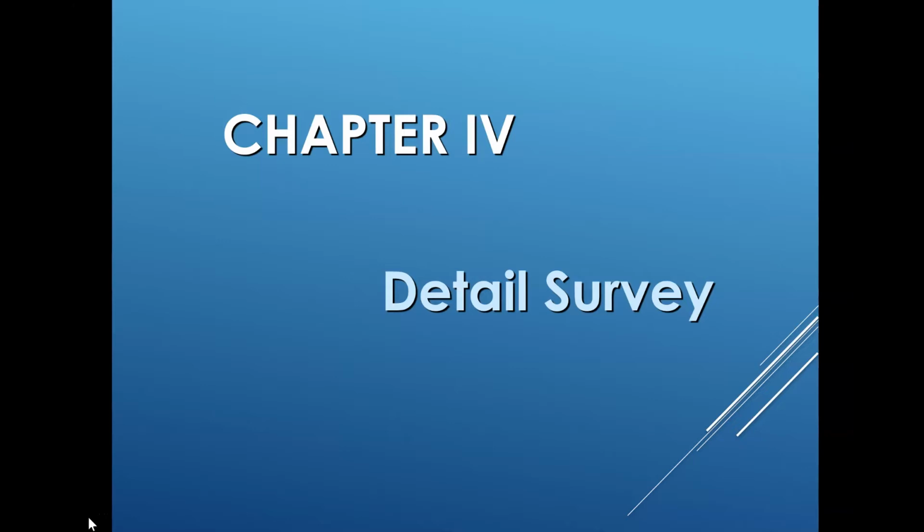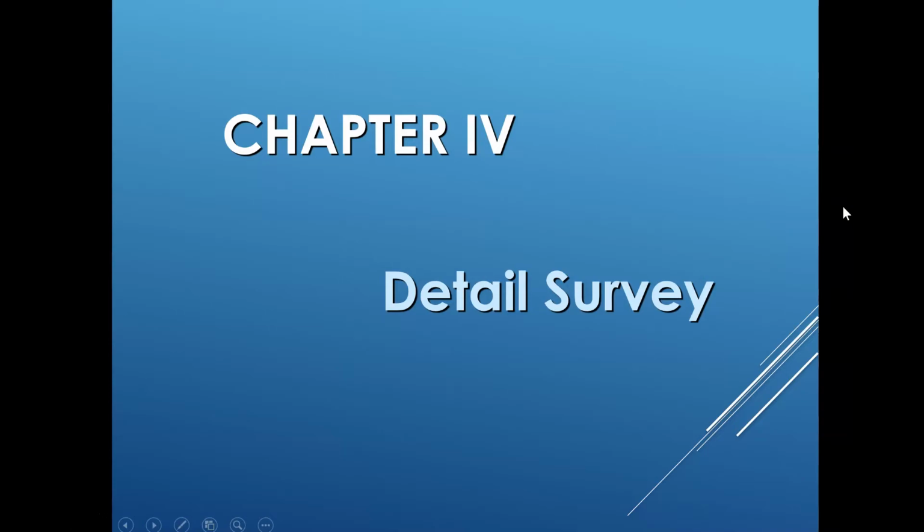Today we'll move on to a new chapter. We're going to be discussing detail survey, which is basically looking at the methods of how to provide or how to produce a plan. We have looked at the basic measurements in surveying.